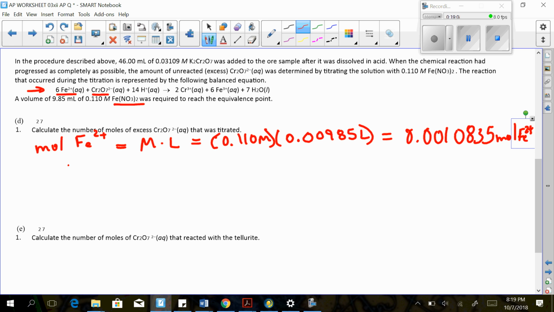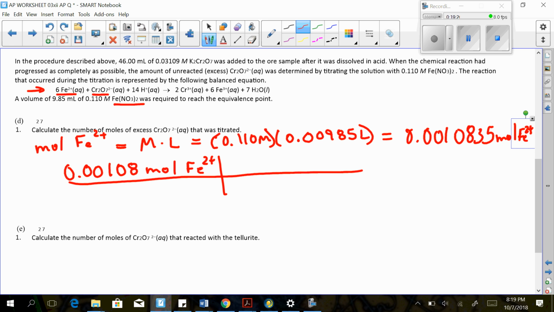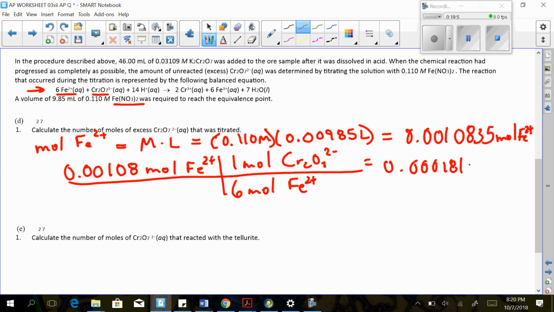Okay, so if we take those moles of iron and using our mole to mole ratio, for every 6 moles of our iron nitrate, we react 1 mole of the dichromate, which gives us 0.000181 moles of dichromate.